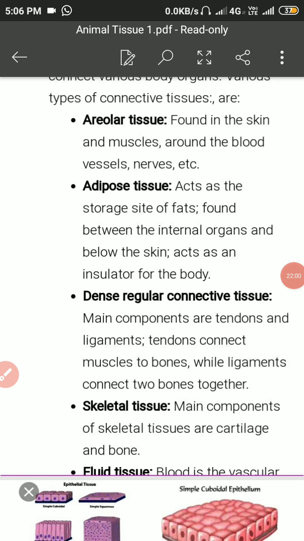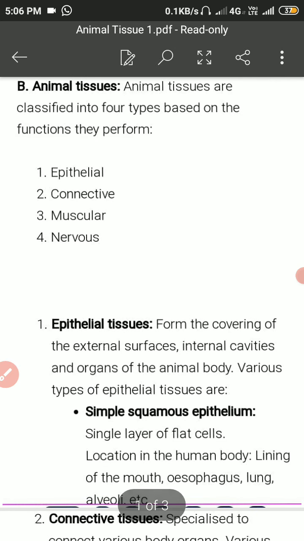So dear students, I hope that you all learn these things, and let us have a quick revision. Animal tissues are classified into four types based on the functions they perform: epithelial, connective, muscular and nervous. Epithelial tissues are mainly the covering of the external surfaces of different organs of the animal body.